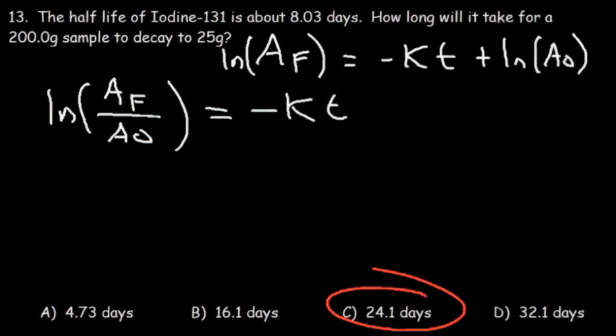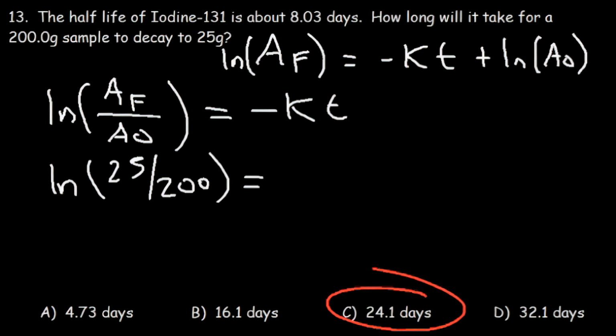So let's plug in everything that we have and solve for t. The final amount is 25 and the initial amount is 200. The units, grams, will cancel. Now, we don't know the value of k, but we've got to find it.